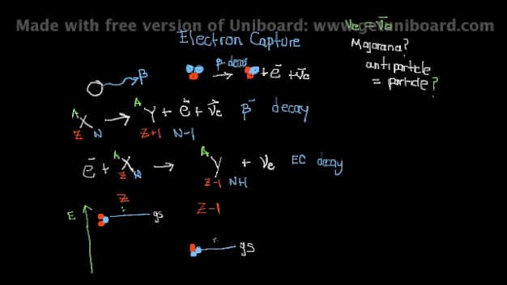So from here to here we have this process, but in order to have this process, something should be emitted, that is a neutrino of electron.